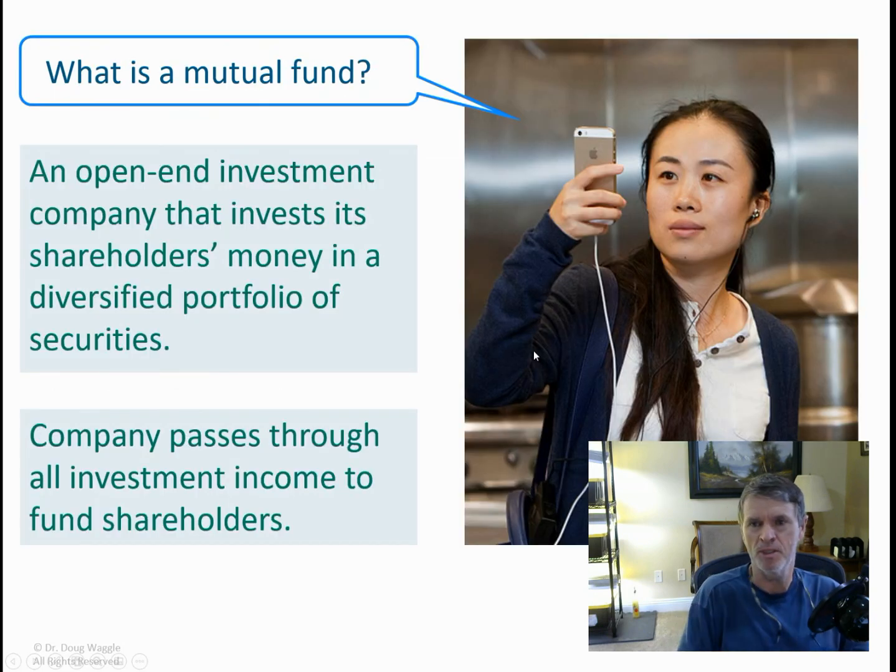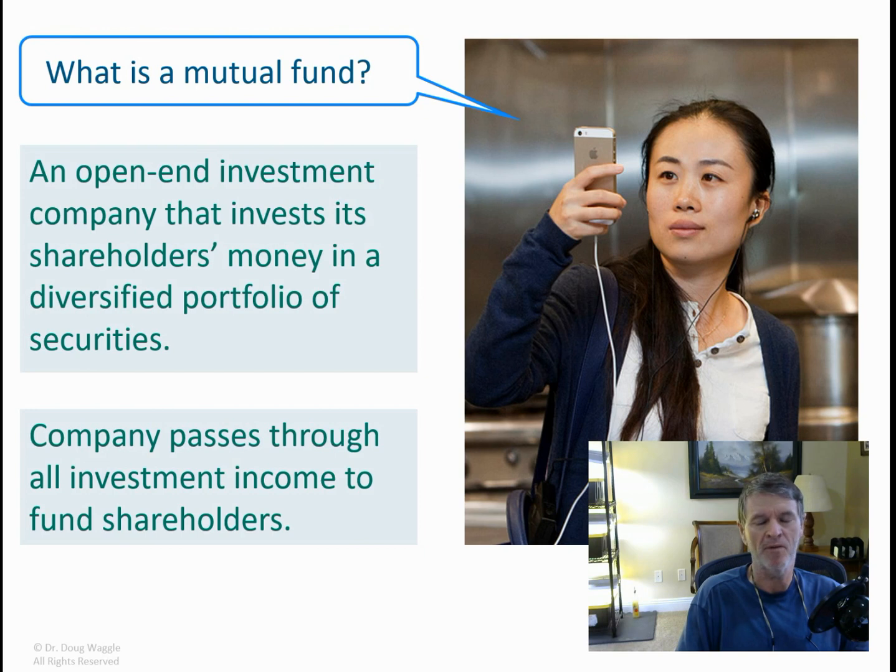Mutual funds, again, I'm just introducing these. These are some things we're going to spend a good bit more time on later on. But a mutual fund is just a company that basically pools money from investors.